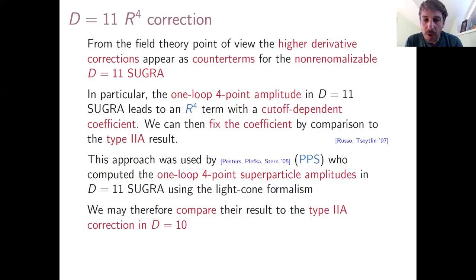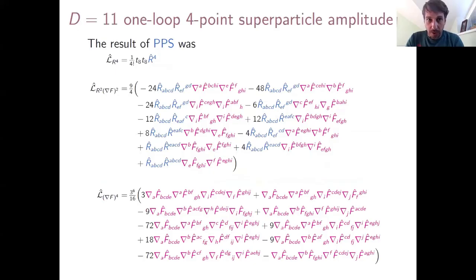So we can use their result and try to compare that to the type 2A correction, keeping in mind that we have to fix the overall coefficient, of course, so that they agree, but we can still compare the structure of the result up to the overall coefficient. So that's what we'll try to do.